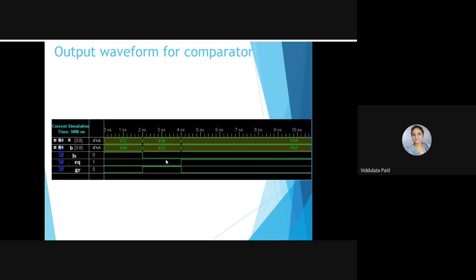And then finally, both these numbers, A and B, are equal, that is 10. So in that case you will get LS is 0, EQ is 1 and GR is 0. So this is the type of result that you will get when you simulate this program.